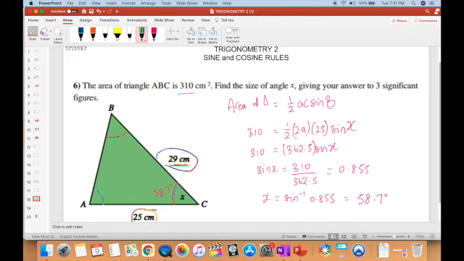Once you have a pair of side and angle, then you could use your sine rule to figure out one of them, whether it's a side or an angle. So that is it for trigonometry, actually.